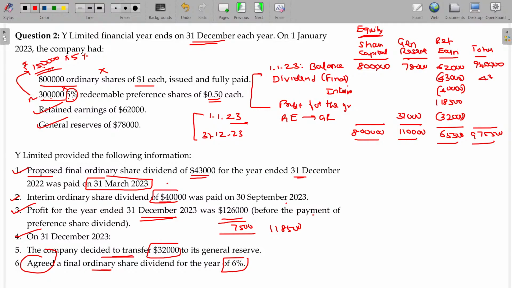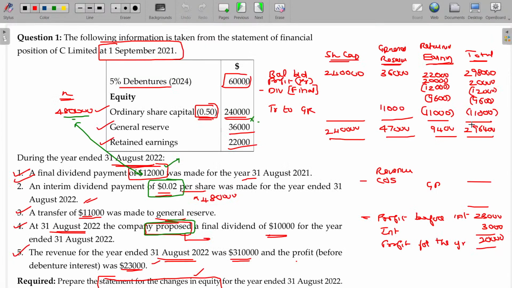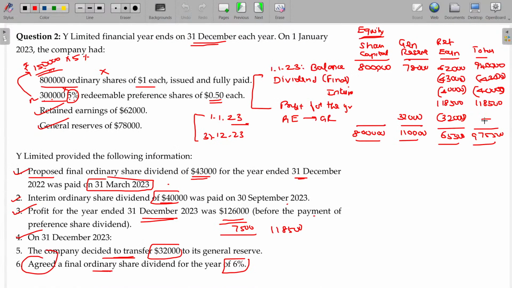So here 43,000 should be subtracted. 40,000 should be subtracted. 1,18,500 remains as it is. Here it will not have any balance. Okay, here it should be 0. I missed it in the previous illustration. Plus 11 minus 11 becomes 0. So in this case also it should be 0.